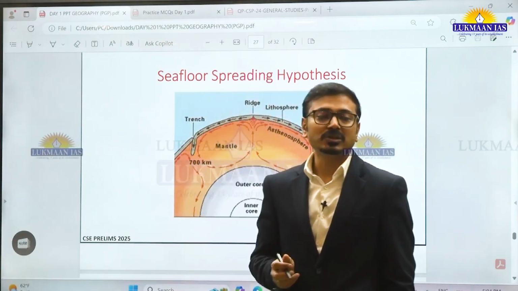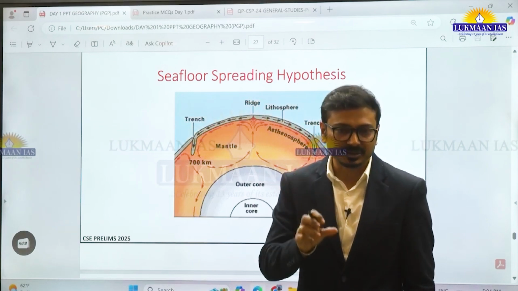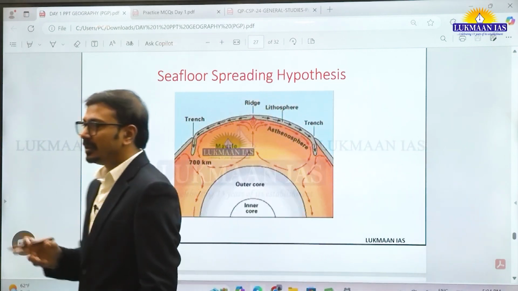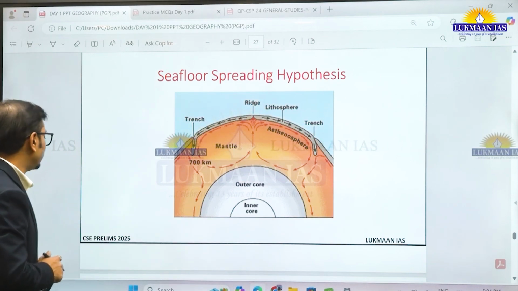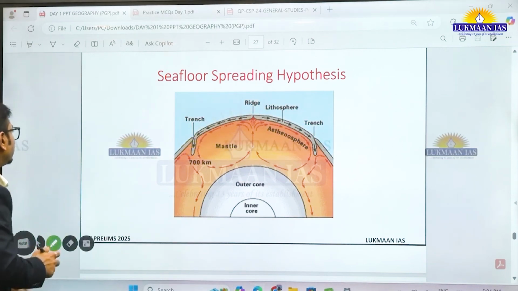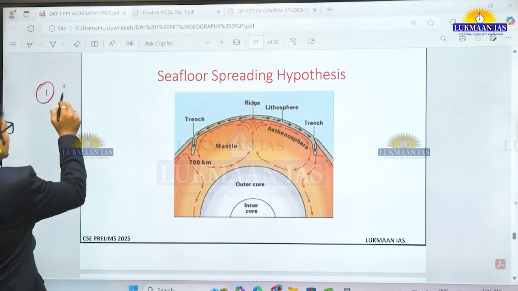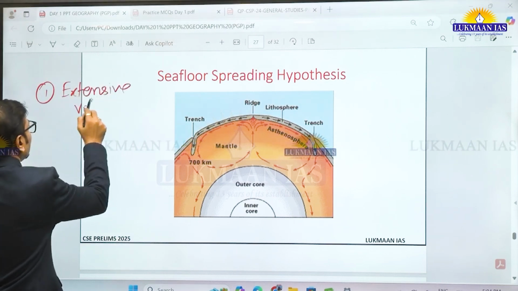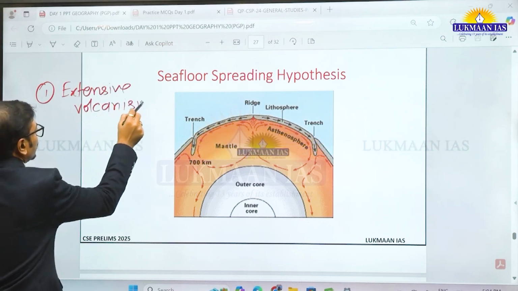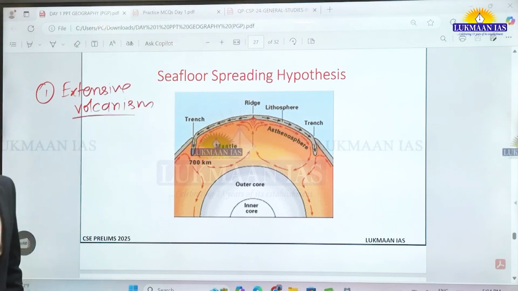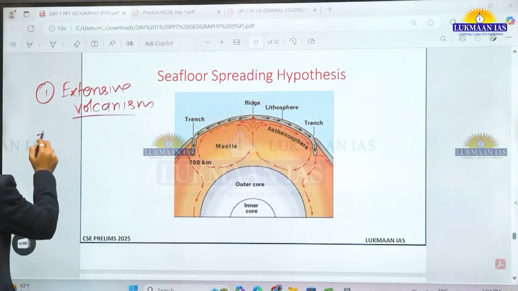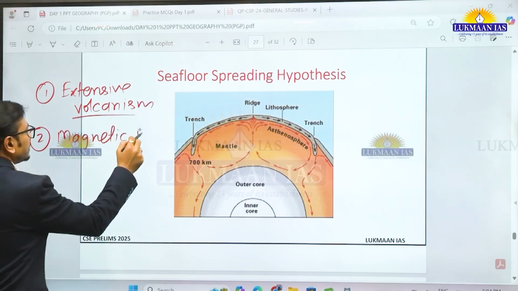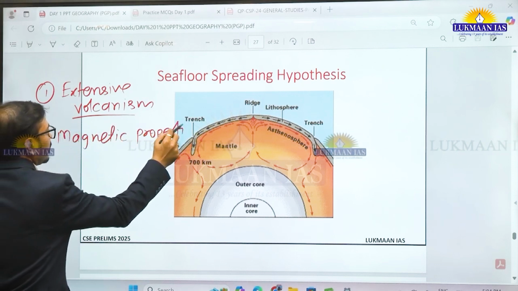Second, the post Second World War sea floor expeditions. What were the observations they made in those expeditions? What was the first observation? There is extensive volcanic eruption happening along the mid-oceanic ridge region. Second observation was regarding the magnetic properties of rocks.